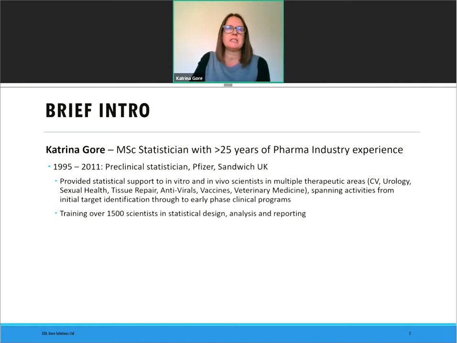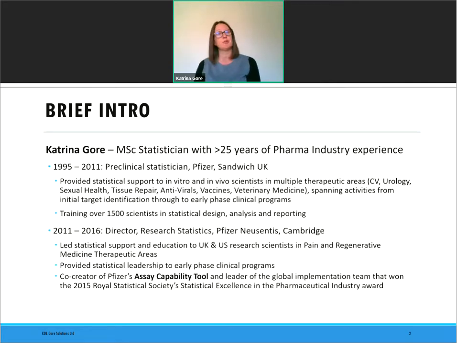In 2011, Pfizer decided to close research at the Sandwich site, and I was part of a small group of people who moved up to Cambridge to the new Pfizer Centres for Therapeutic Innovation units that they set up. And whilst I was there, I led the statistical support and education to the research scientists in those therapeutic areas, and continued supporting phase 1 and 2 pain programs and some stem cell phase 2 programs as well.